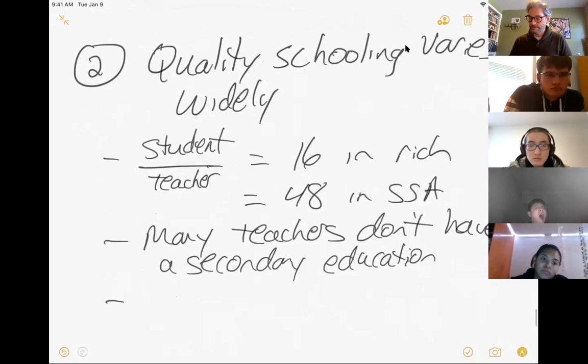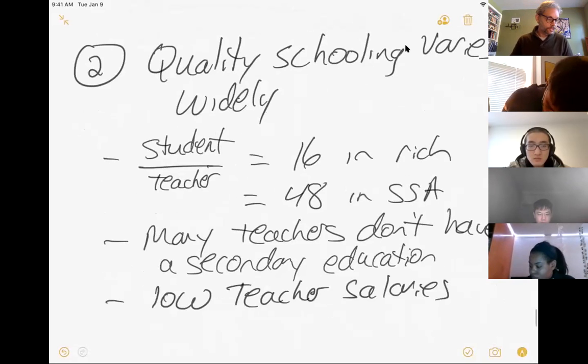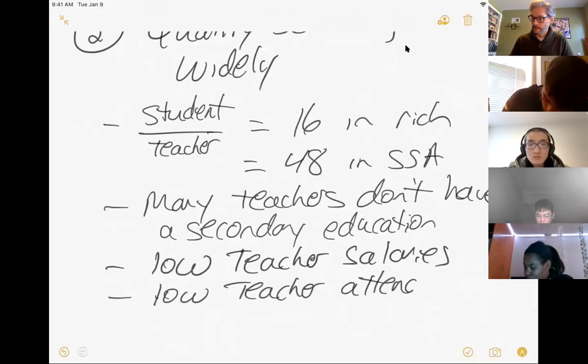The other thing is we know that there are low teacher salaries. And what you get with that is low teacher attendance and low teacher work effort.